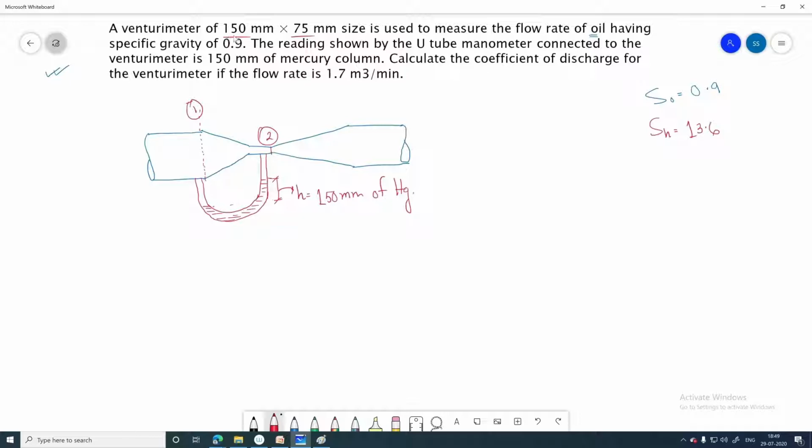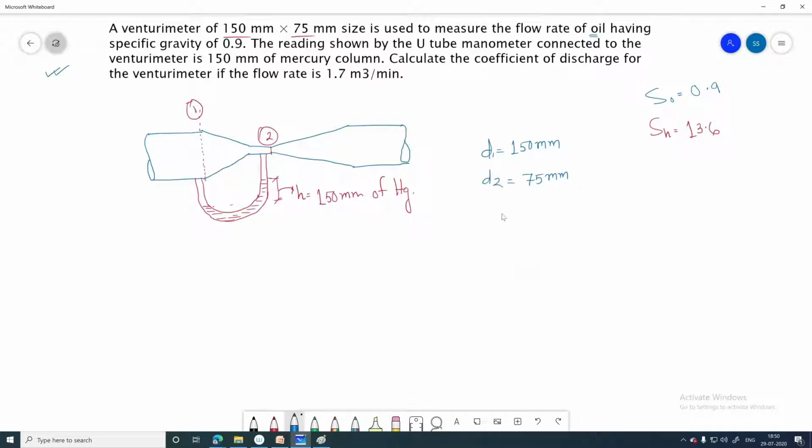So that means it is the diameter at inlet, the value of D1, and the diameter at the throat, the value of D2, okay. So we can write that D1 equals 150 mm and D2 equals 75 mm, okay.